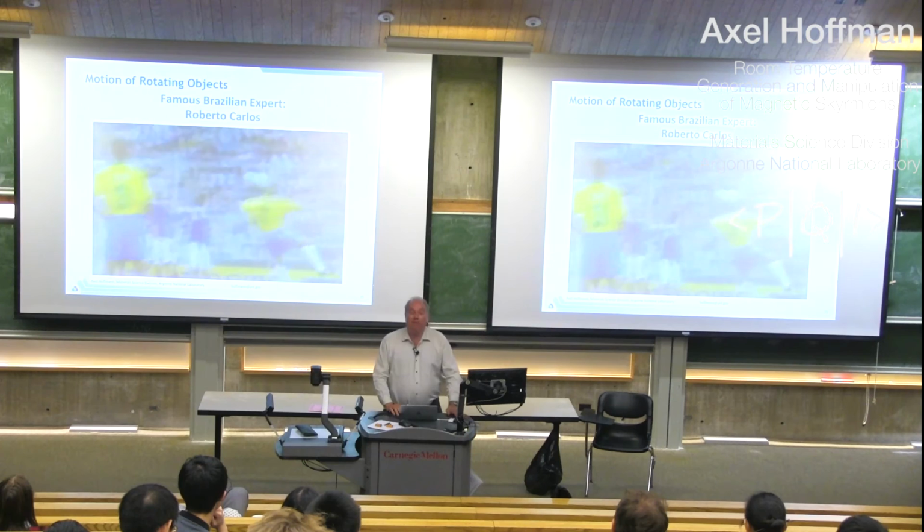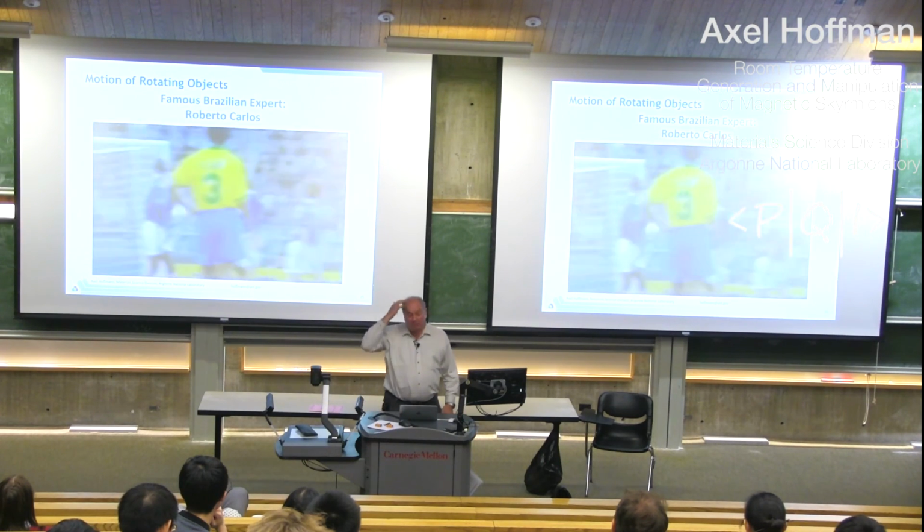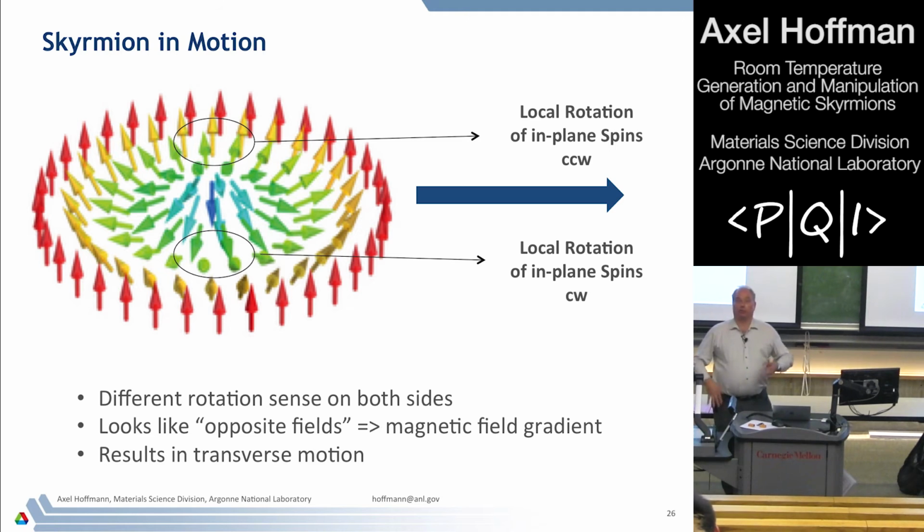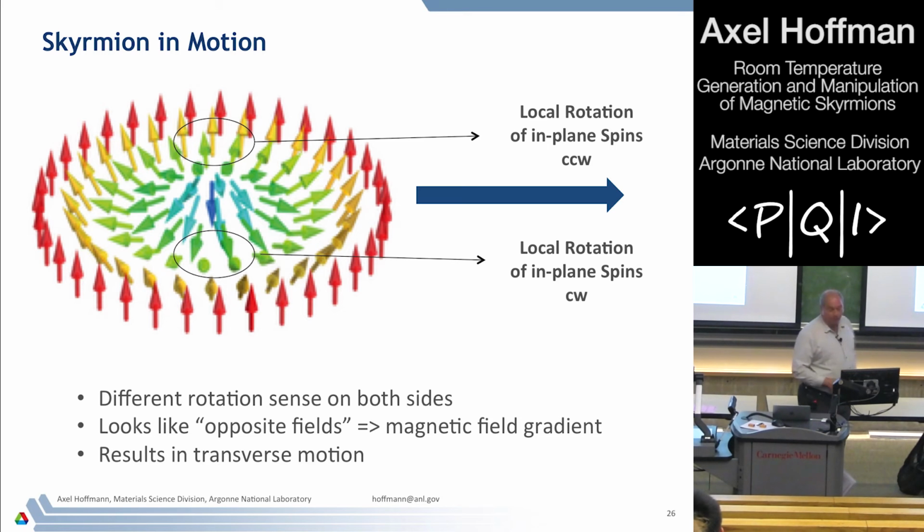So you may wonder, what does this have to do with skyrmions? Now, when you move skyrmions in a magnetic material, actually what you do is you locally rotate magnetic moments. So the moments are there, and you just move the magnetic texture in this magnetic material.